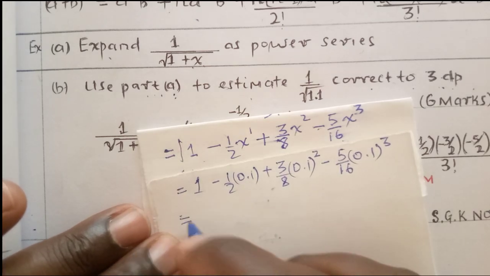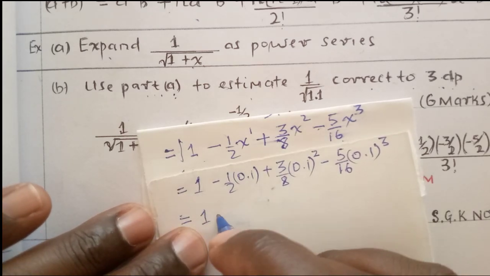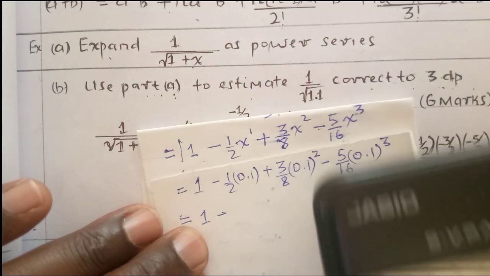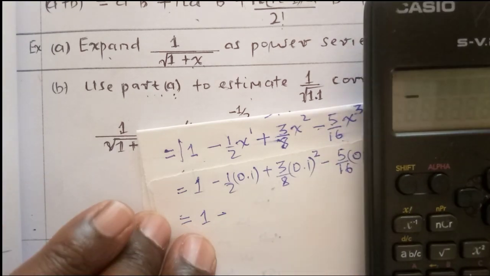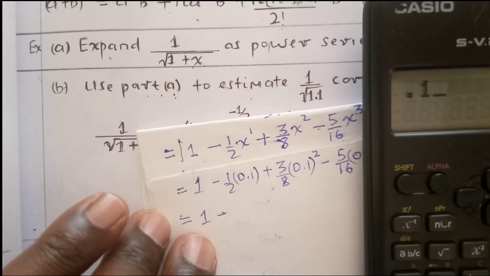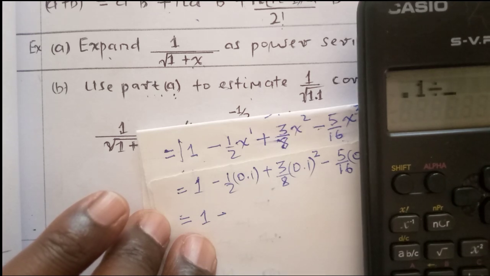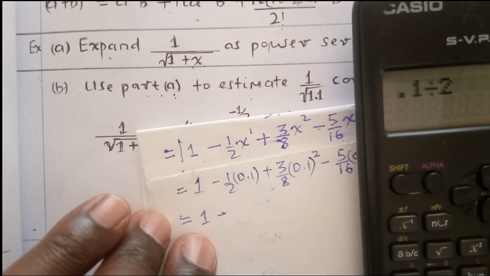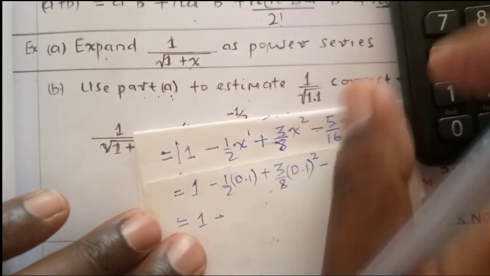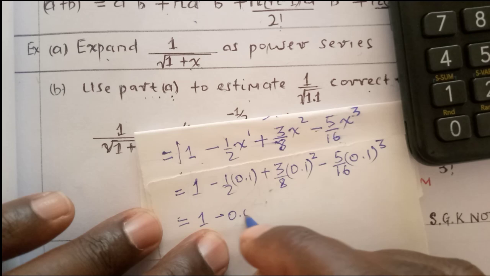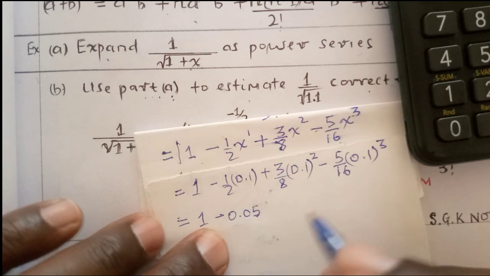Using the calculator, 0.1 divided by 2 is 0.05.